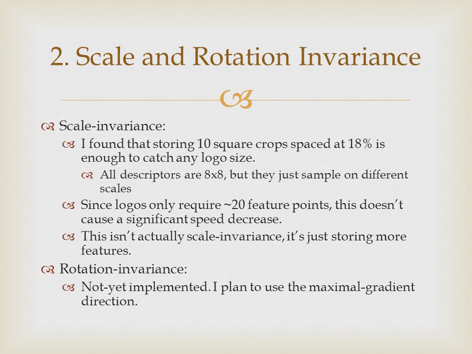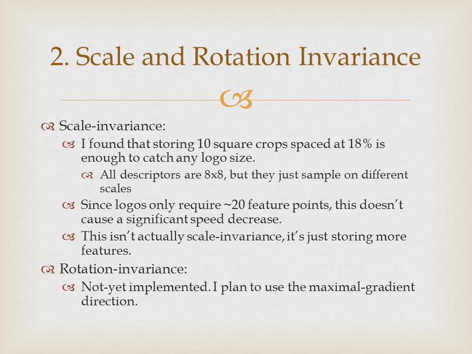What I did was just turn one feature descriptor into several. So for each point, I actually made 10 different sized feature descriptors, all of them resized to 8x8 and spaced out 18% apart by the side width. And I found that was enough for it to recognize any size.